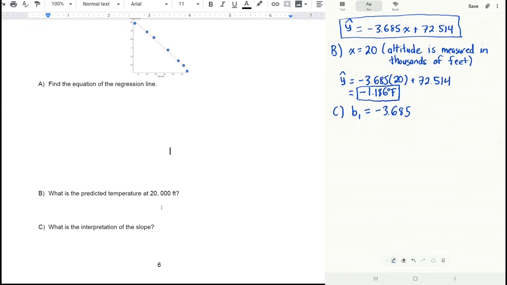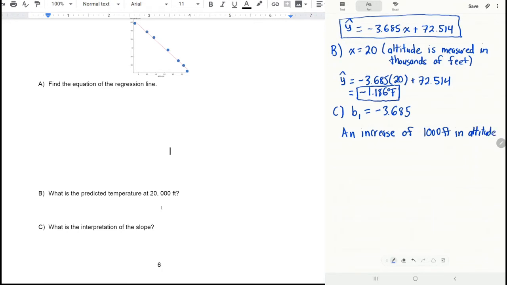So, for an increase of 1,000 feet in altitude. Remember that the units for the x variable are thousands of feet.